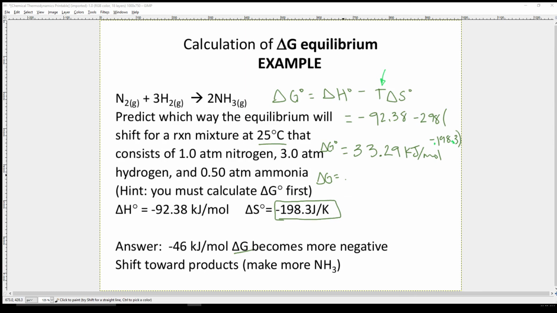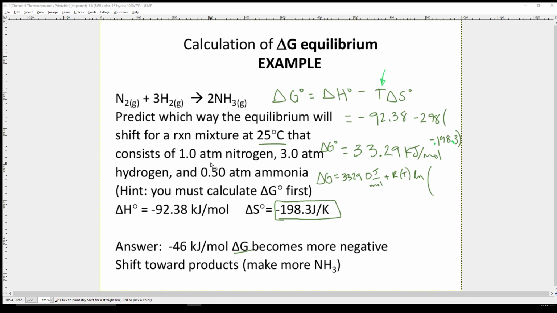So let's change that. 33290. Now it's in joules per mole, so it'll match my R, plus R times T times the natural log of Q. That's what I'm going to plug in here.